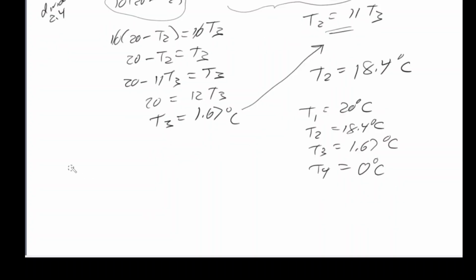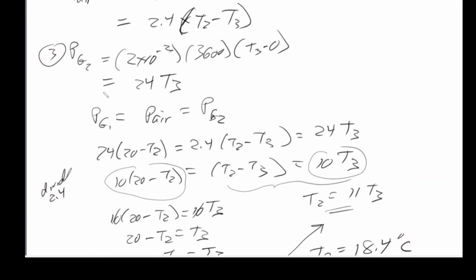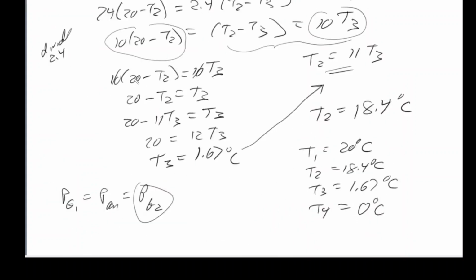Now, we still haven't figured out what the conductivity is. And we do know that the conductivity through the first section of glass is the same as the conductivity through air, which is the same as the conductivity through the second section of glass. So the easiest one to use is through the second section of glass, because we found that that's equal to 24 times T3.